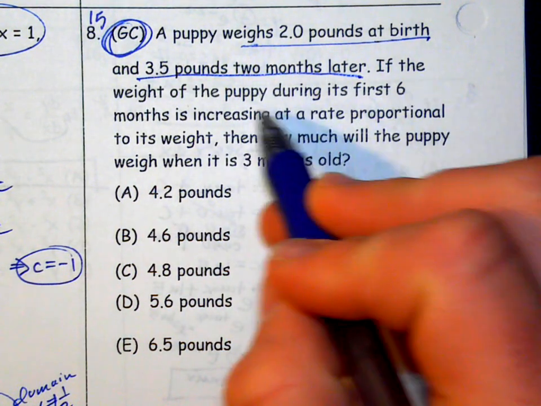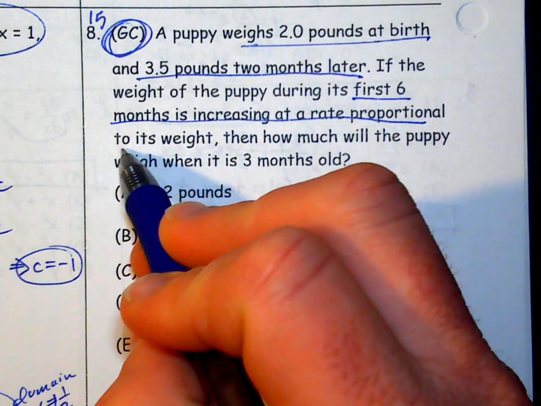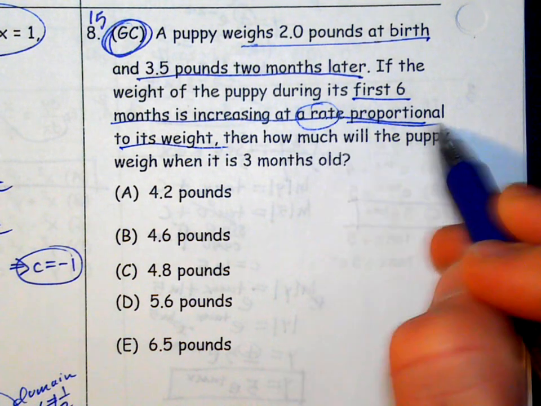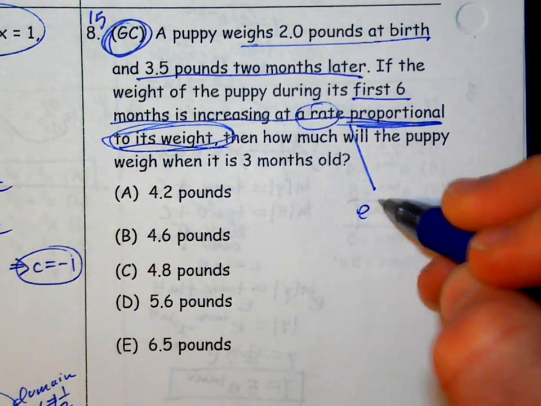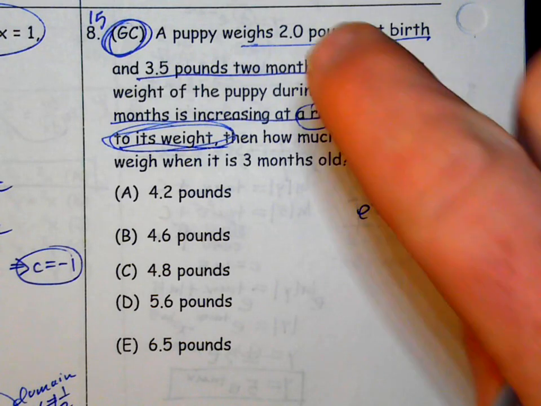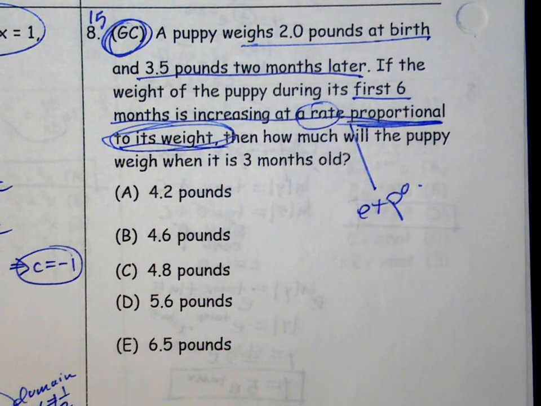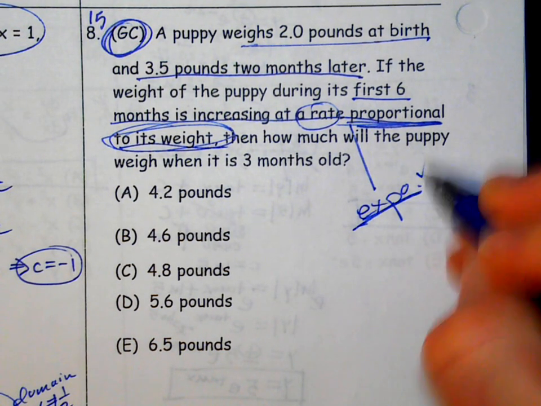If the weight of the puppy during its first 6 months is increasing at a rate proportional to its current weight, that right there, that's describing exponential growth. Then how much will the puppy weigh when it's 3 months old?